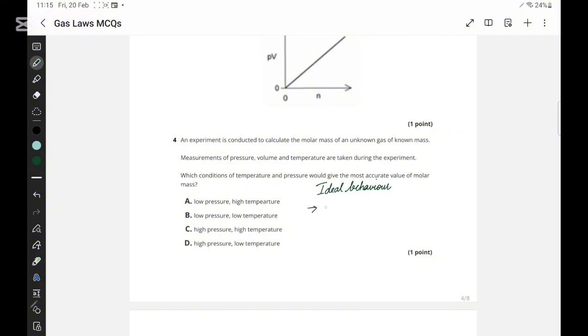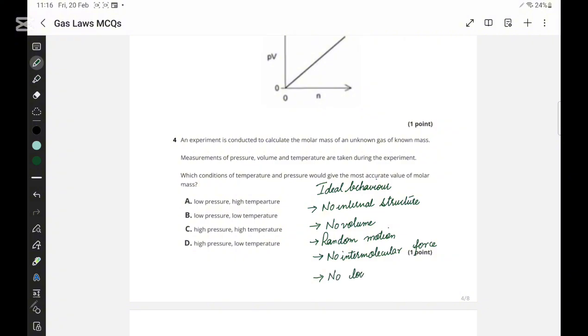That is, there is no internal structure, and it must also have no volume and random motion, and then there is no intermolecular force, and no loss of momentum in collision.